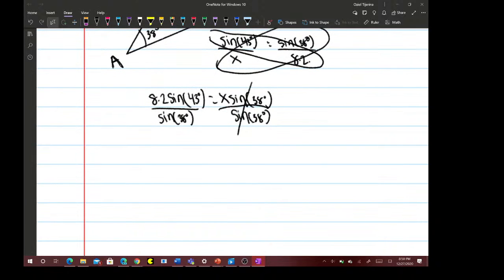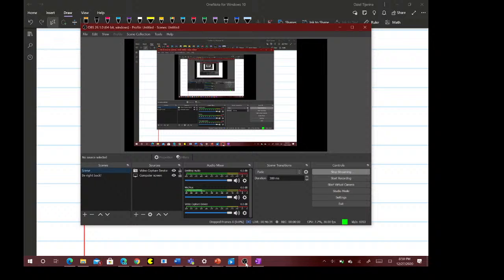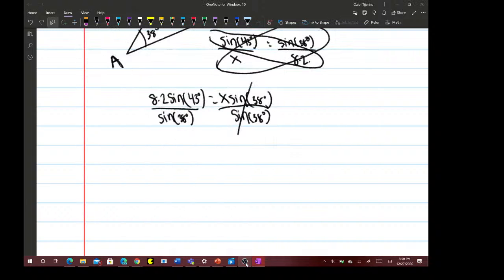So we can then do 8.2 sine of 43 degrees divided by sine of 38.